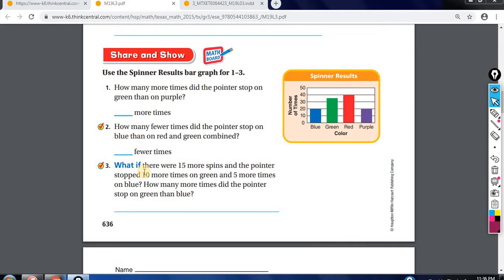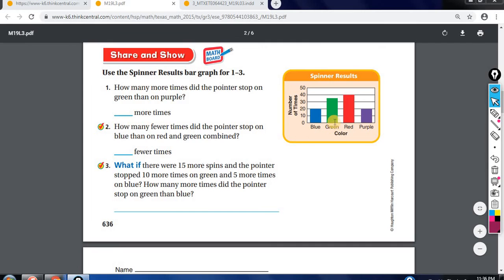Okay, what if there were 15 more spins and the pointer stopped 10 more times on green? 10 more times on green would be what? 35, and then you add 10. 35 would be 45.